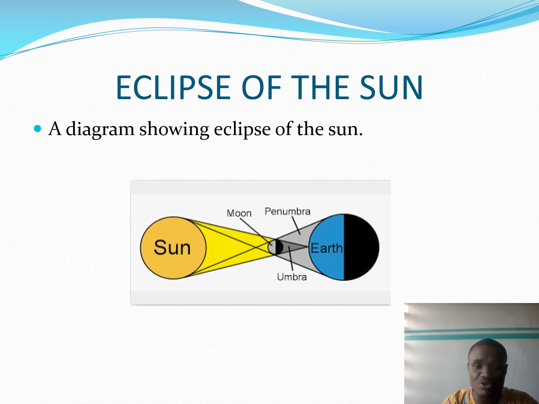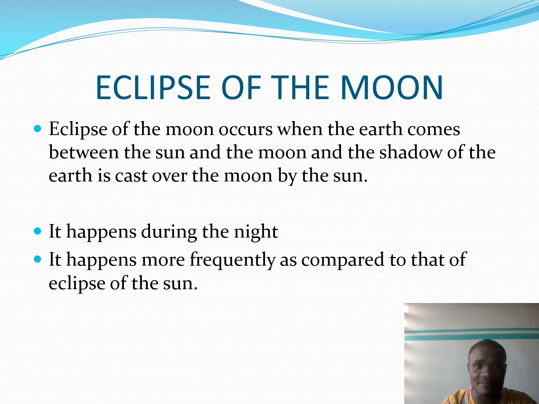In your textbook, you realize that some alphabets have been used to label A, B, C, D, E. People who find themselves in A and then E experience no eclipse. Those in the C column experience total darkness, and those in the B and then D experience partial darkness. Refer to your notes and observe what I am saying.